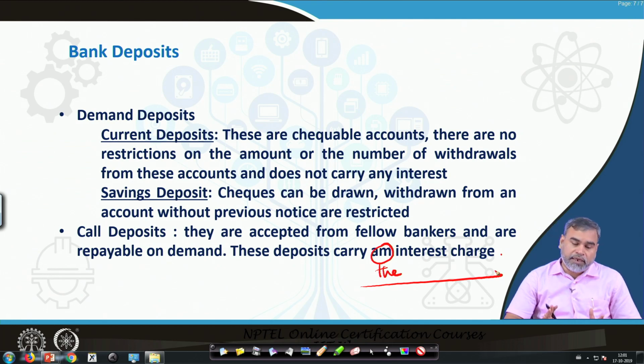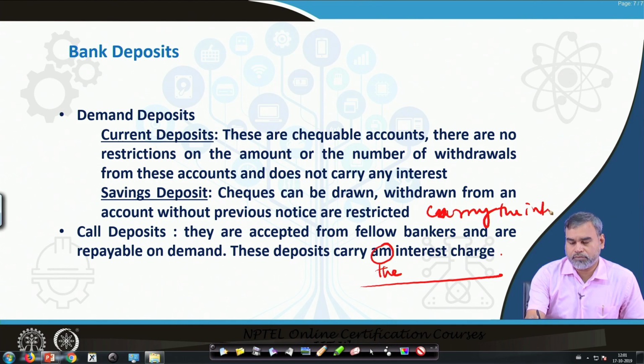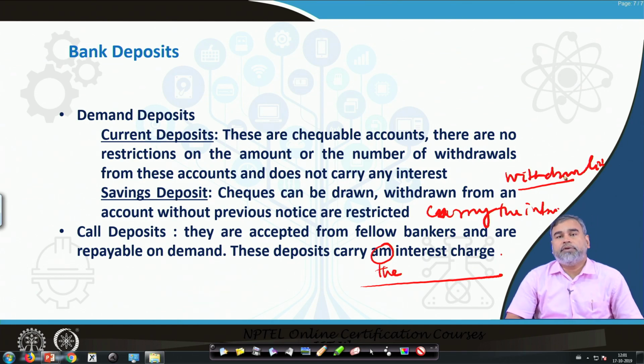Here it also carries an interest rate. The banks pay interest against the saving deposits. So, it carries interest, this withdrawal limit is there, and if it goes beyond this limit, then prior notice to the bank has to be given.